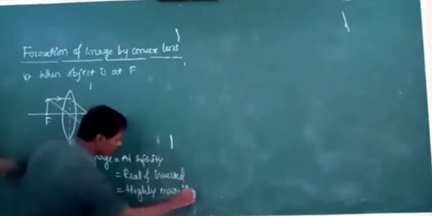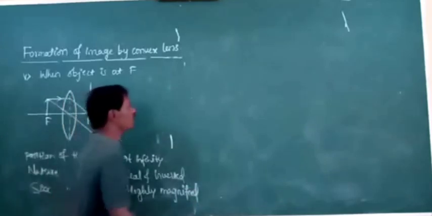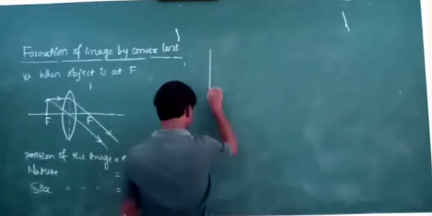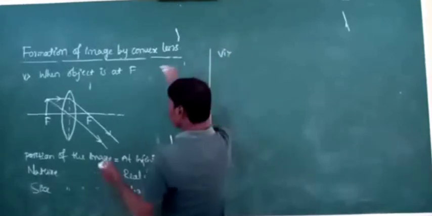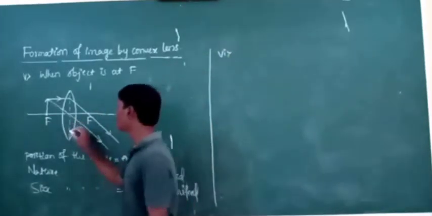Highly magnified. Then the next one, the last case, the sixth one. I will bring the object in between F and O. O means the optic center.